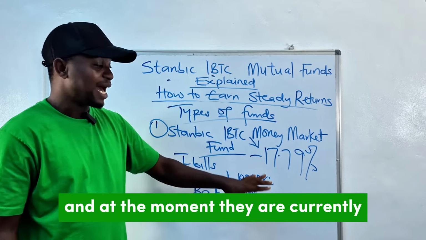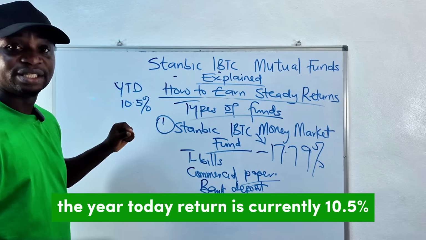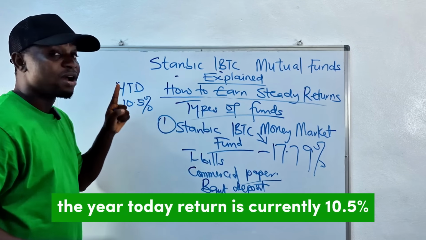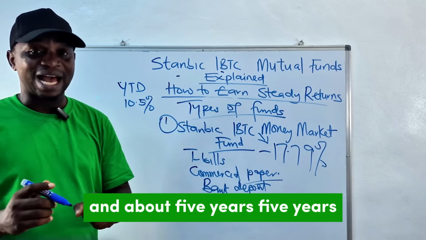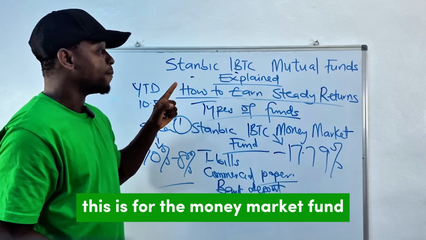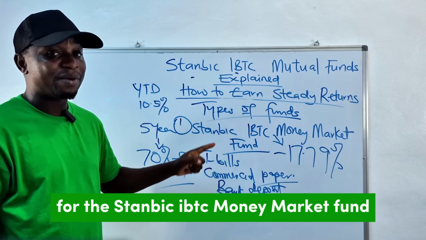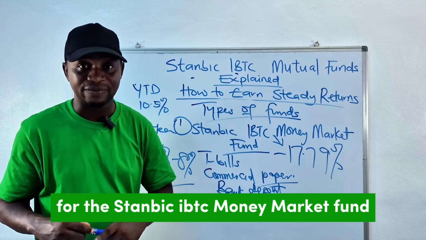The year-to-date, the YTD, the year-to-date return is currently 10.5%. And over 5 years, it has returned about 70 to 80% cumulative growth. 70% to 80% in 5 years. This is for the Stanbic IBTC Money Market Fund.